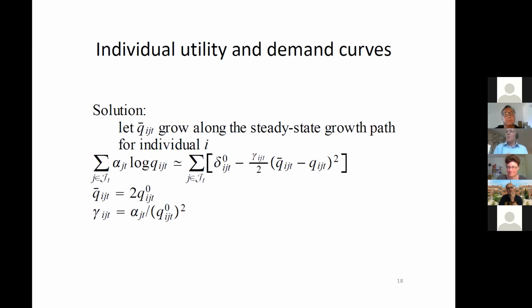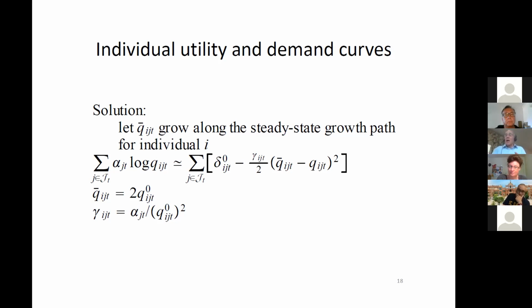If I said you had log preferences, kind of a more standard thing, and I took a second order approximation around the steady state growth path, I'll call it q_ijt0 is the quantity you consume in steady state, you could take a quadratic expansion and you could calculate what the value of Q bar_ijt would be for that expansion. It's going to grow basically with the steady state, and that's the way I'm going to do it.